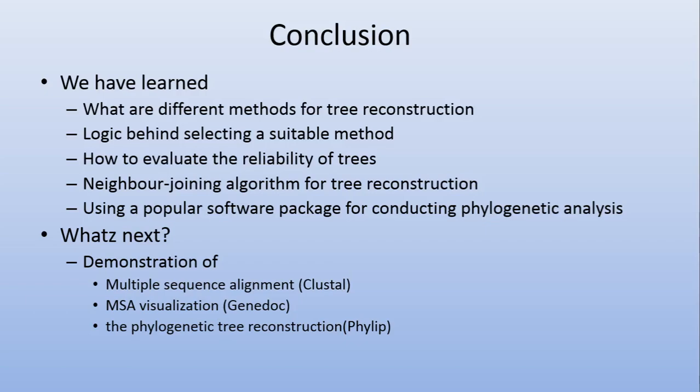We have also discussed how to evaluate the reliability of a tree, which can be inferred using bootstrap analysis. We have discussed one of the clustering algorithms used for tree reconstruction, the neighbor joining algorithm.